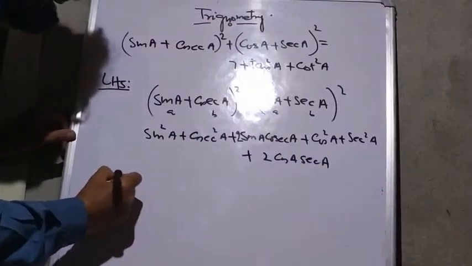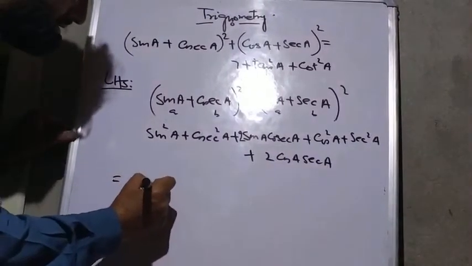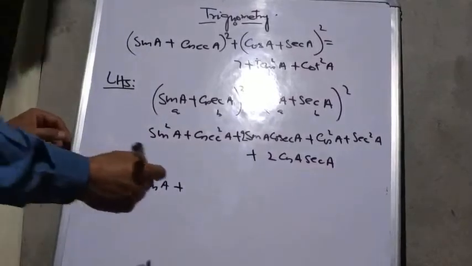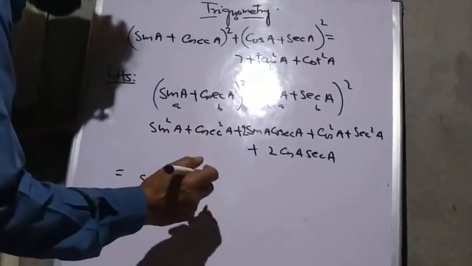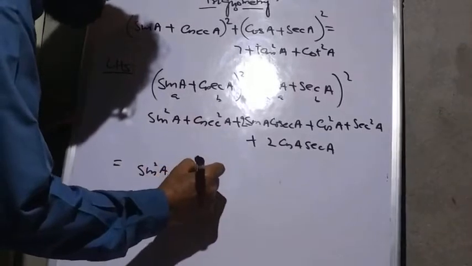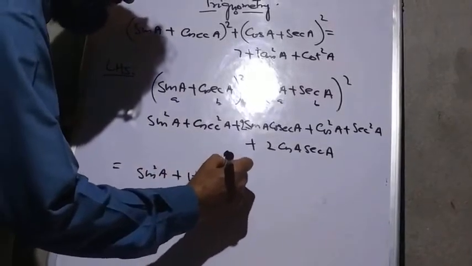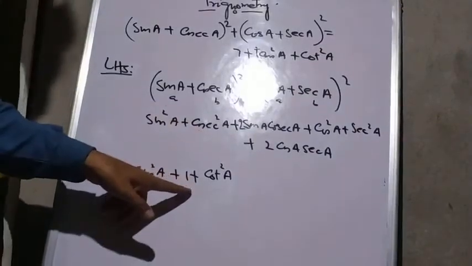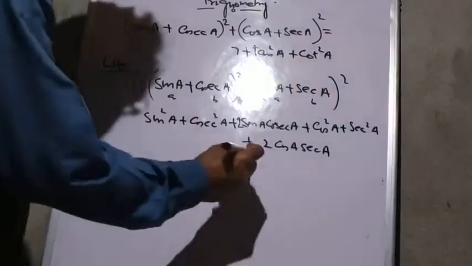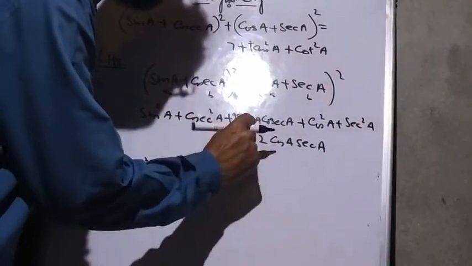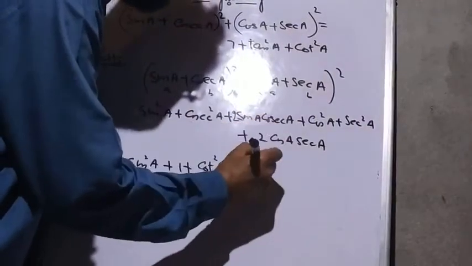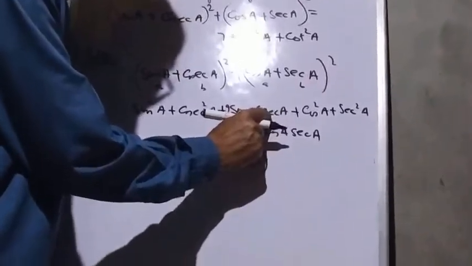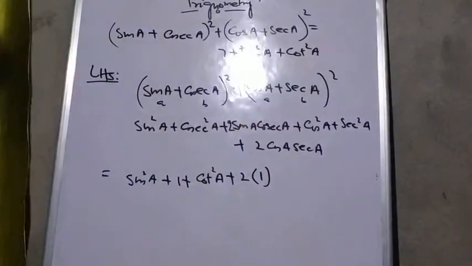So this is further equal to sin square A plus cosec square A, which is 1 plus cot square A. So instead of cosec square A, we shall write here 1 plus cot square A, plus twice sin A into cosec A, which is 1, because any number multiplied to its reciprocal is 1.